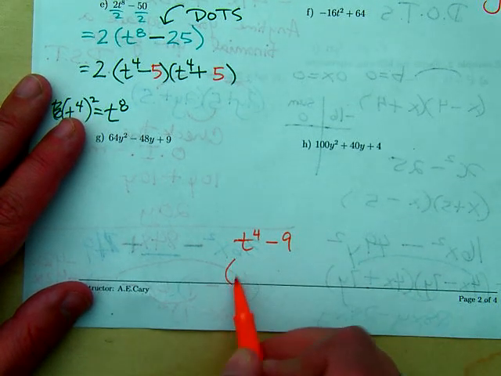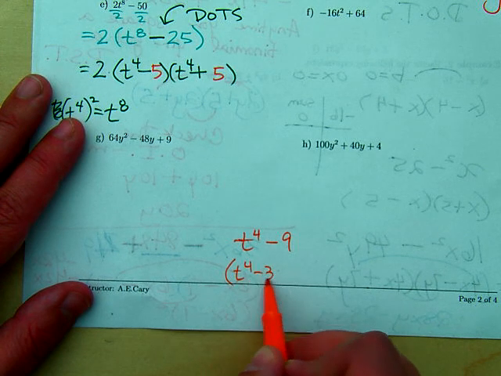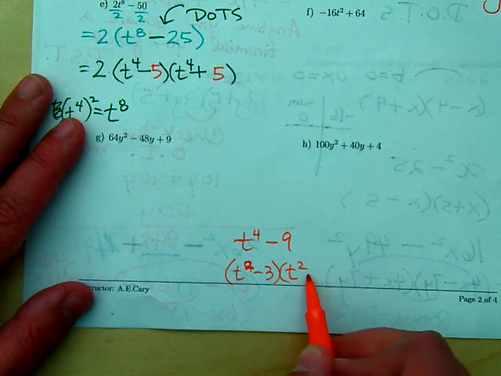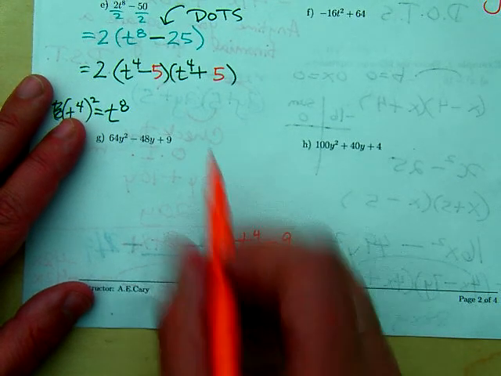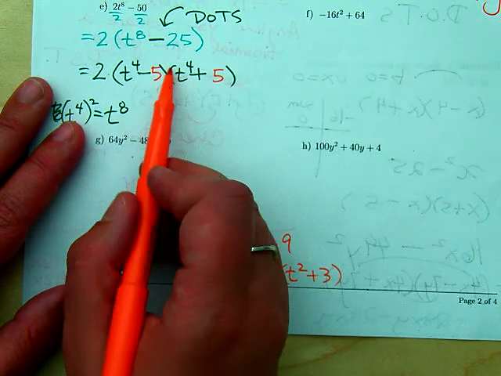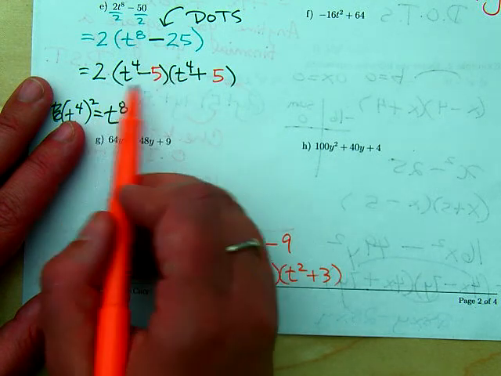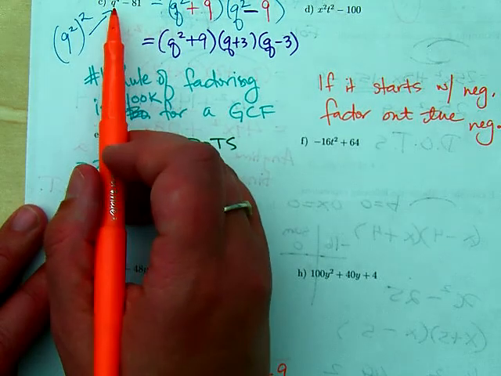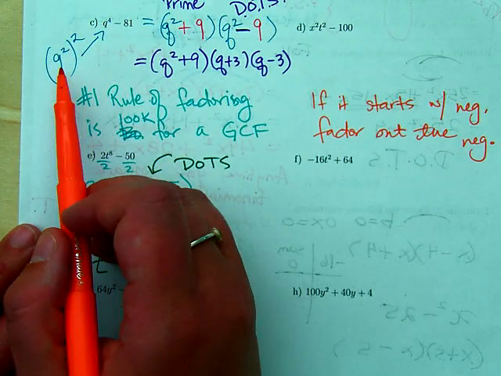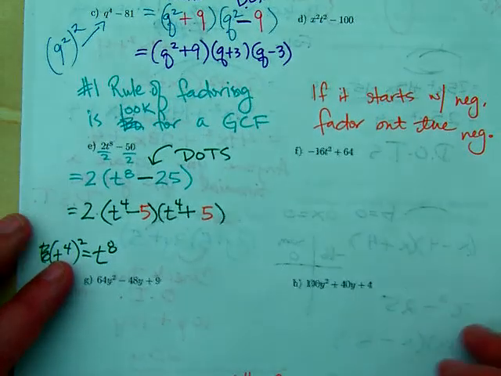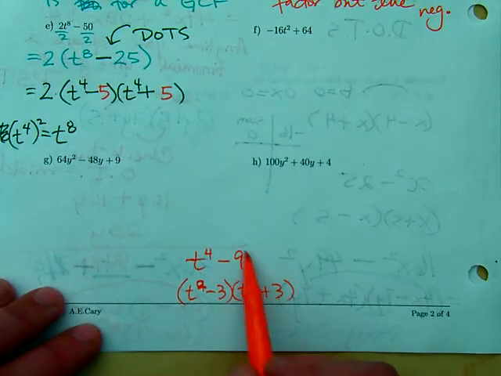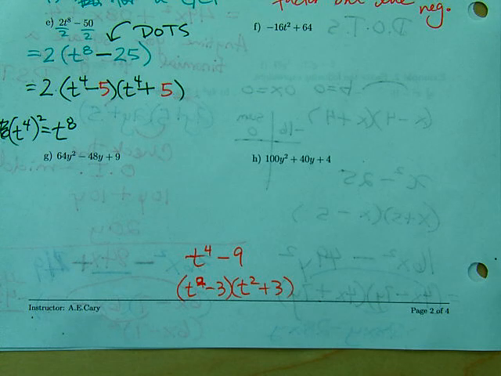That means that this t to the fourth minus 9 would be t squared minus 3, t squared plus 3. I'm saying if the 5 had been a perfect square, this could have been factored further, right? Because we determined in the last example that anything to the fourth power is also a perfect square. But it can't be factored any further. It's done. But I just meant if the second number had been a perfect square.